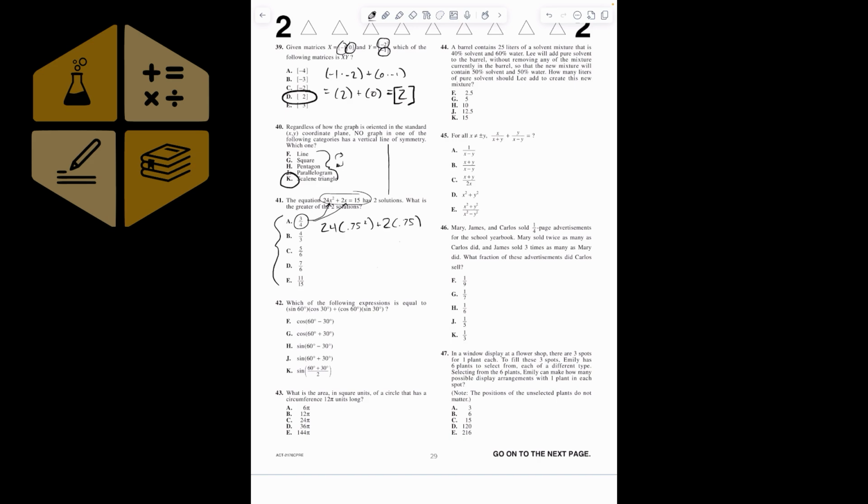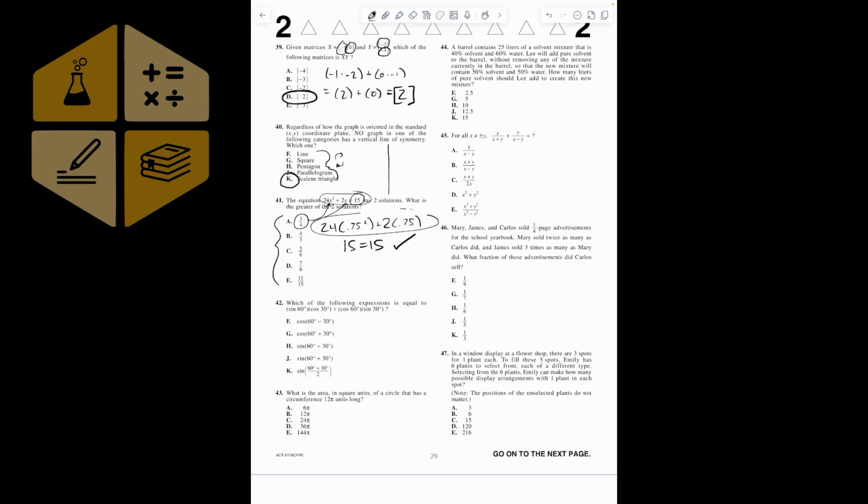Because if it does, since equals 15 is on the right-hand side, that means it satisfies. So let's see my calculator: 0.75 squared times 24 plus 2 times 0.75, sure enough, that equals 15. And guess what? When I plug in 3/4 for x, I get 15 equals 15. That means it satisfies.